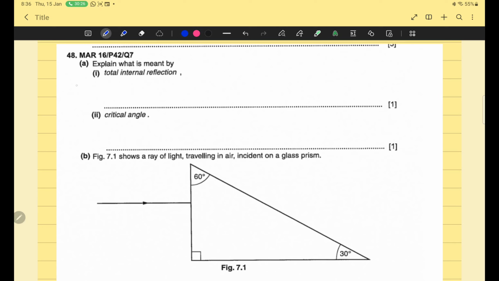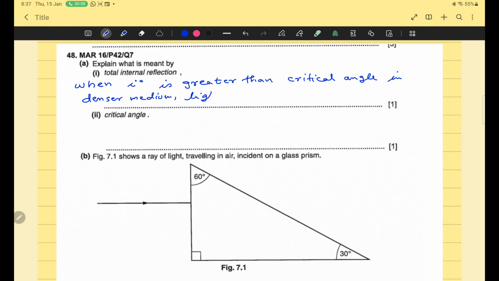The answer is: when angle I is greater than the critical angle in a denser medium, light reflects back in the same medium.